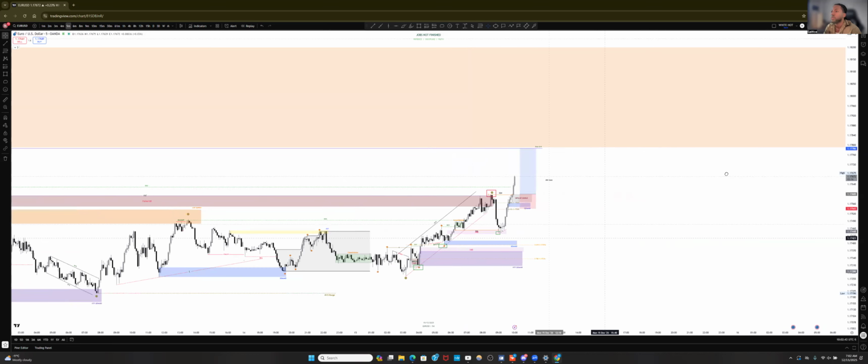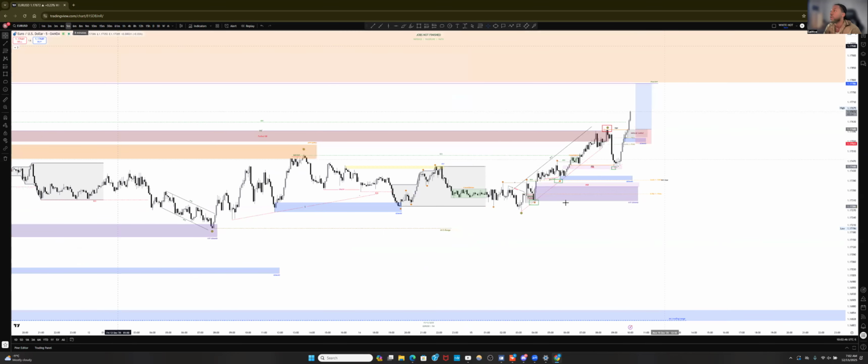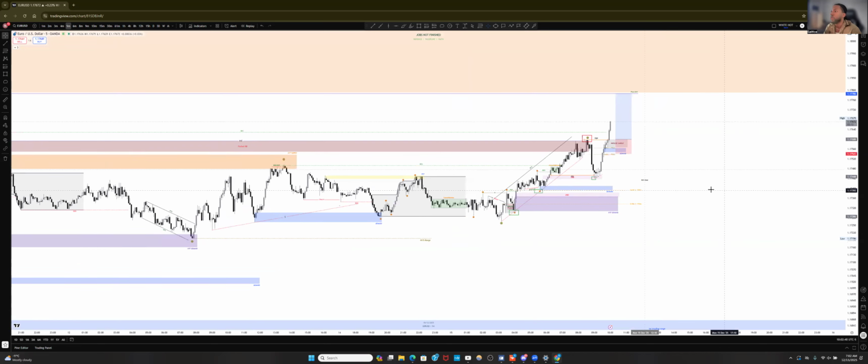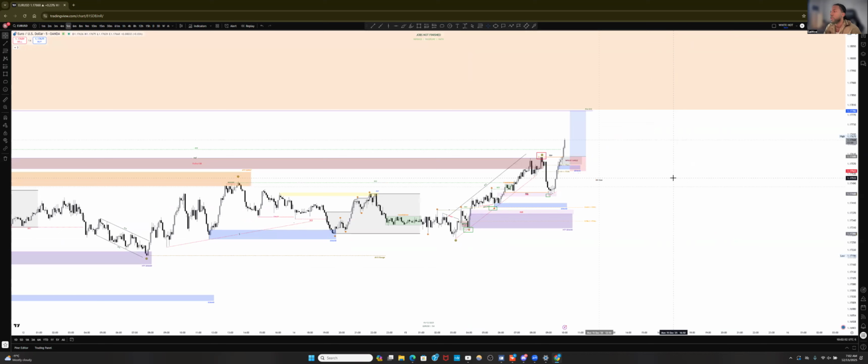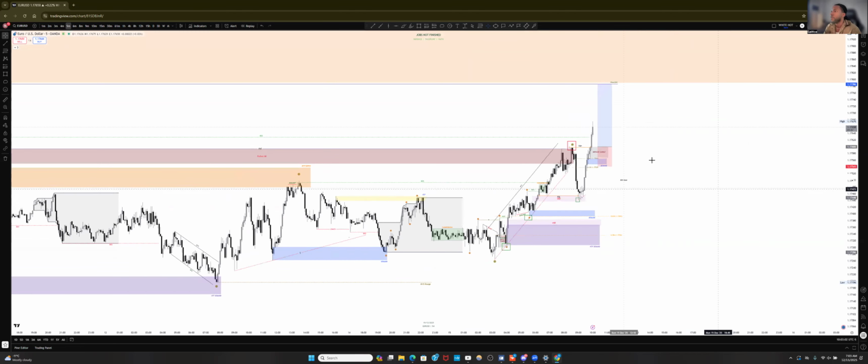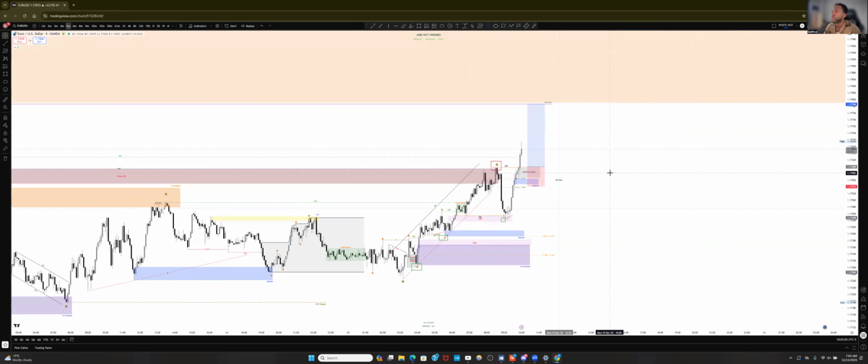Overall, I grade my approach to this session more of like a B minus, a C, simply because some routines were off.